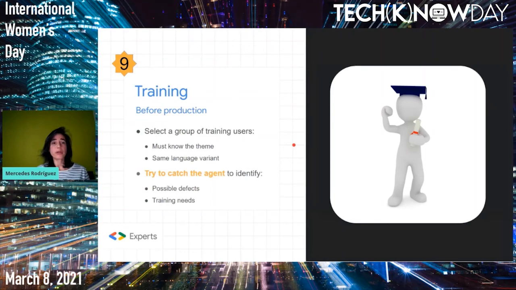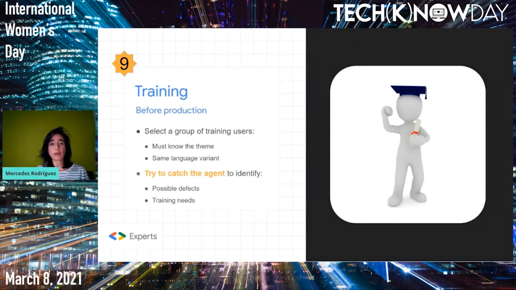Then once it's prepared, we have to do training before production. Even if we train it ourselves, it's very important to get the agent trained with a group of users that know the theme and that are from the same language variant of the public or the clients that are going to use it.